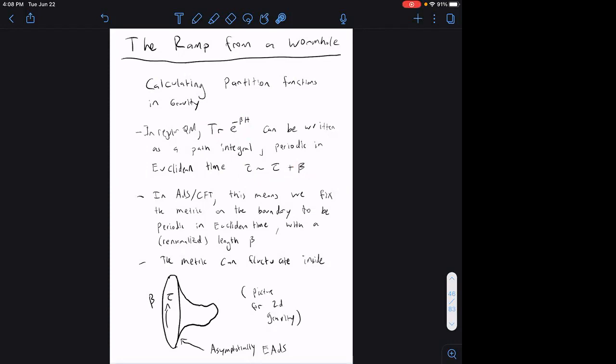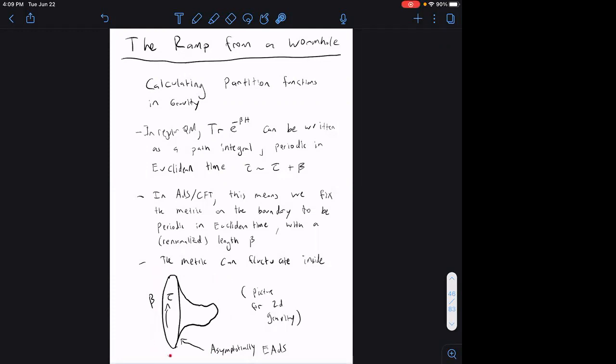So in AdS/CFT, what this means is that you fix the metric on the asymptotic boundary to be periodic in Euclidean time. And because the boundary has infinite length, what we want to do is fix a renormalized version of the length, and we'll see some detail about that in a moment. So here I've drawn a picture of an example geometry that contributes to the partition function in AdS/CFT.